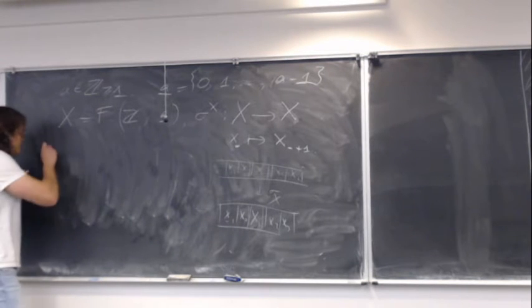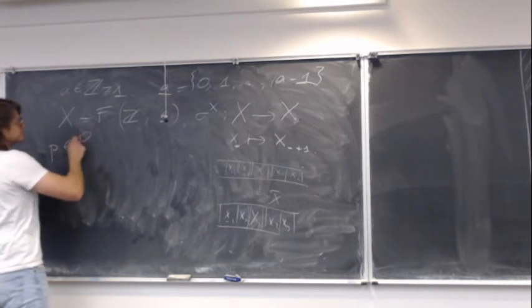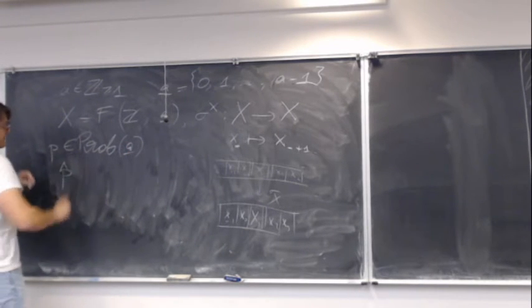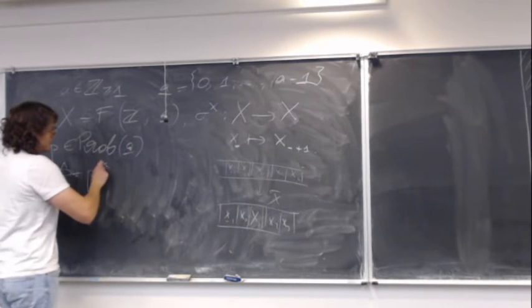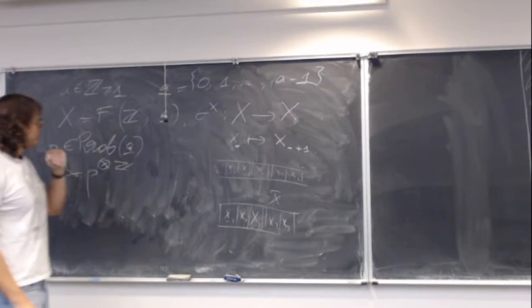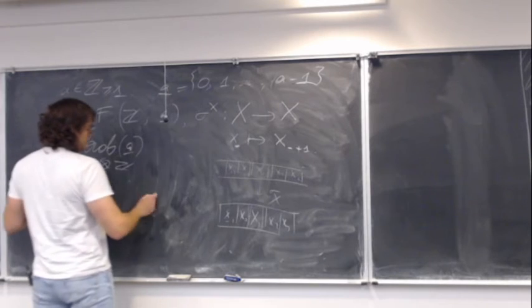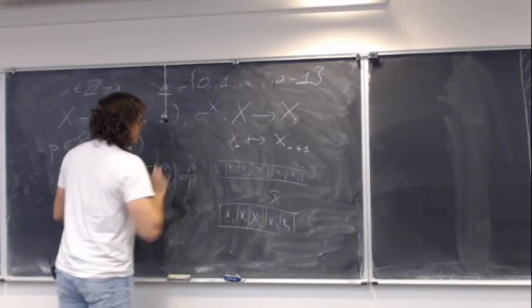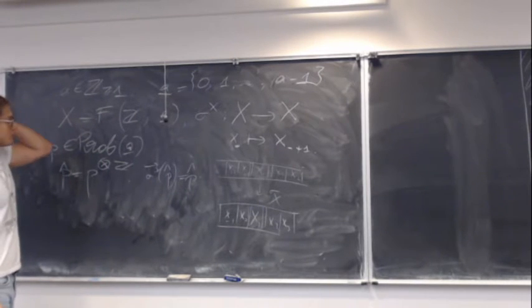If I have a probability measure on a underbar, then let me define P hat to be the product measure. Certainly this is preserved under my shift. And now we have systems.